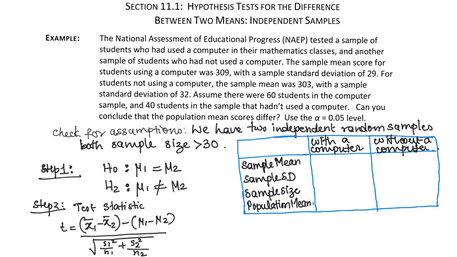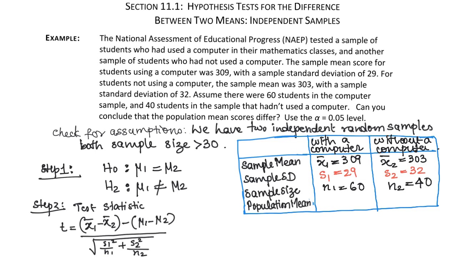The sample means are x1 bar equal to 309 and x2 bar equal to 303, the sample standard deviations are S1 equal to 29 and S2 equal to 32, and the sample sizes are N1 equal to 60 and N2 equal to 40.